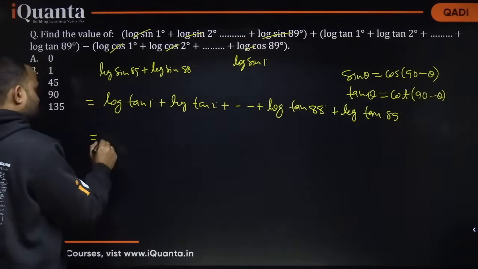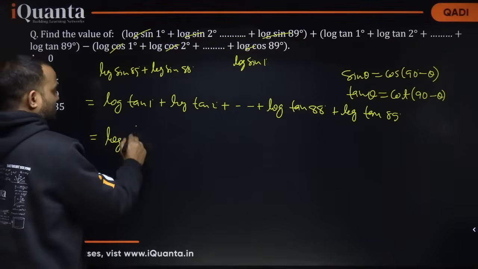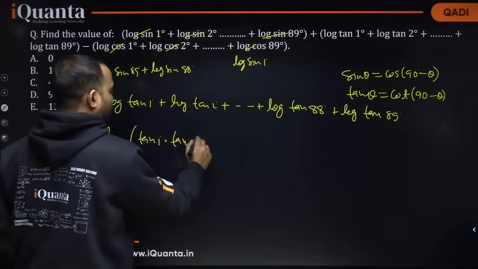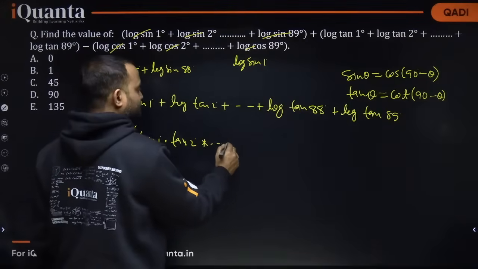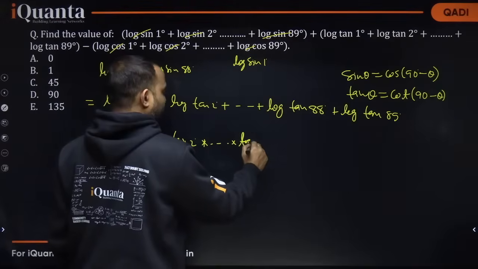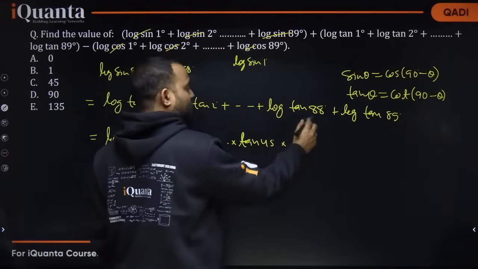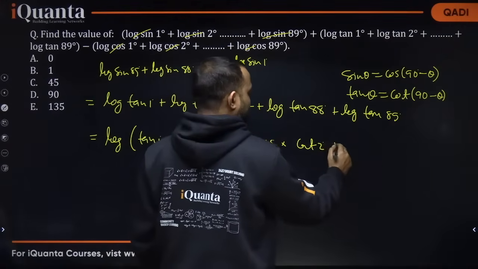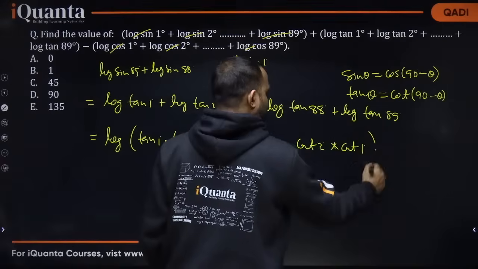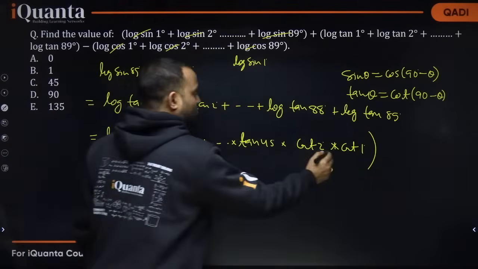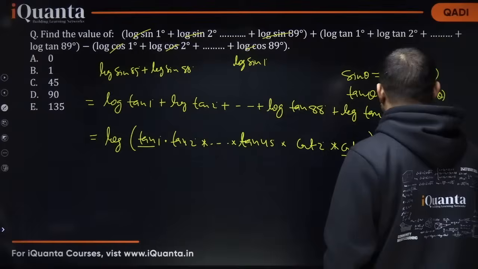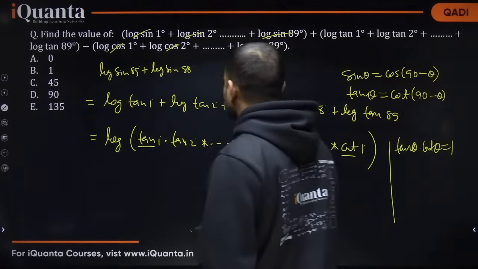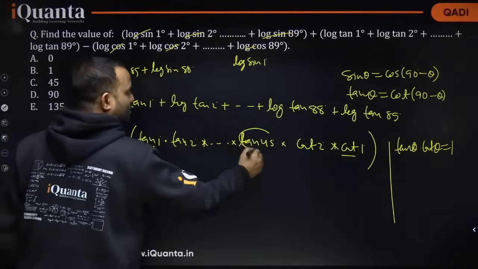So ultimately this will become log of tan 1 degree into tan 2 degrees into tan 45 degrees into tan 88 degrees, which I can write cot 2 degrees into cot 1 degree. Tan theta into cot theta is equal to 1, tan theta into cot theta is equal to 1. So everything will become 1, this will also be 1.